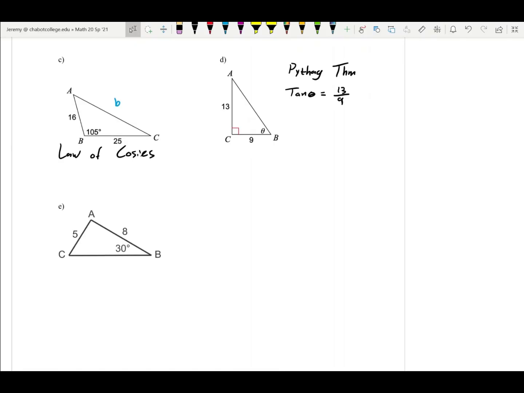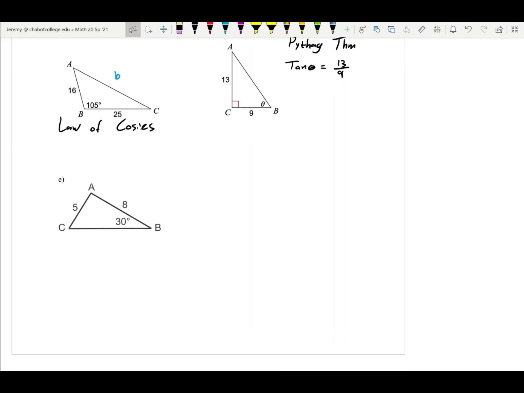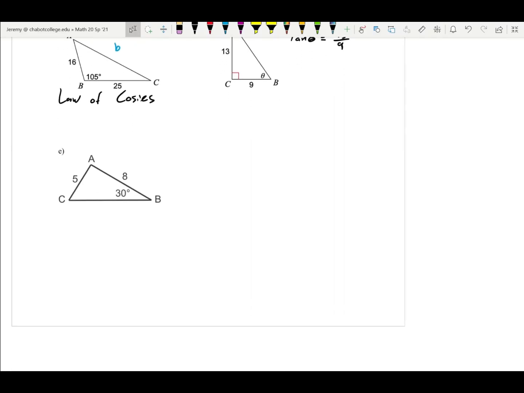Okay. And this last one here, triangle E. Okay, well, I'm looking at this one and I'm noticing that I have angle B defined. I also have side length B defined. So I've got this thing going on where I've got an angle and its opposite side, which is a good thing when it comes to using the law of sines, right?